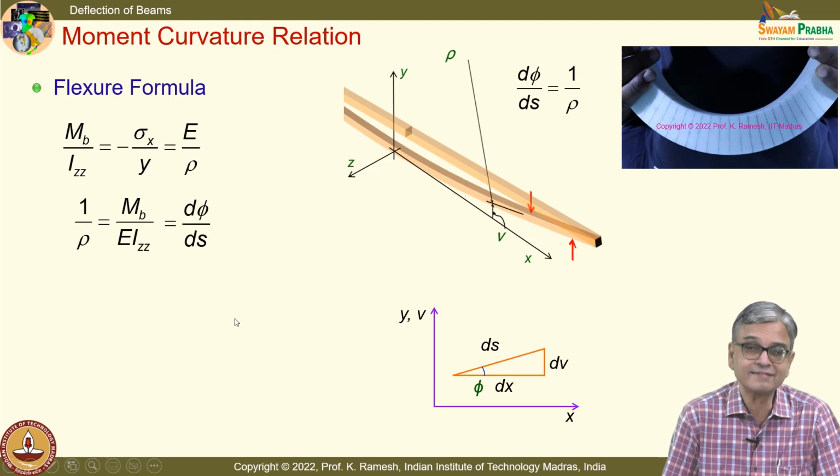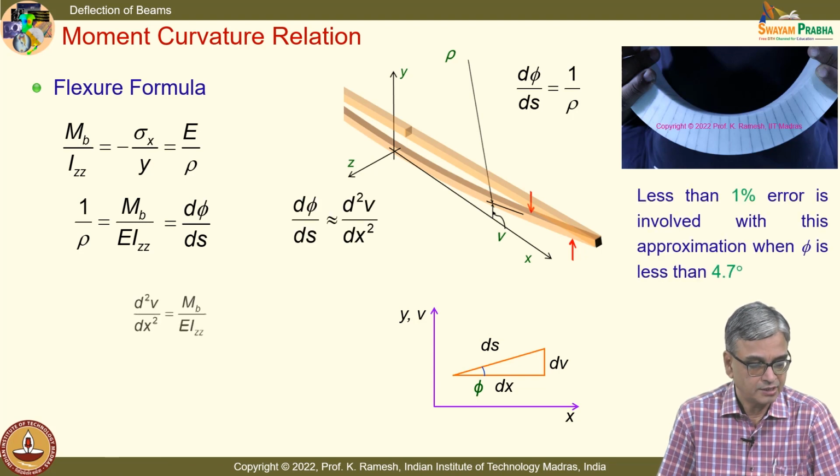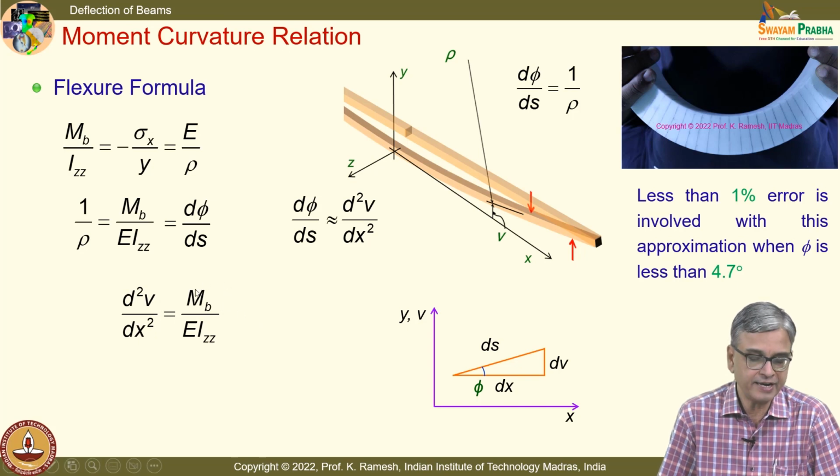So, now I can establish a relationship between d squared v by dx squared and the bending moment, and we have already noted this E into I_zz as flexural rigidity, or bending rigidity.